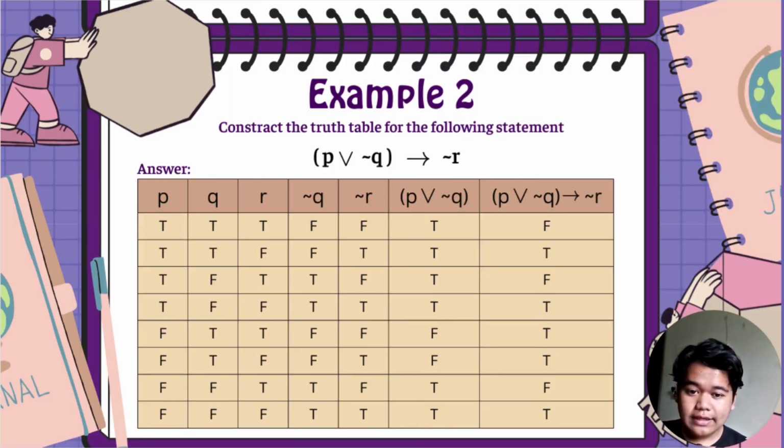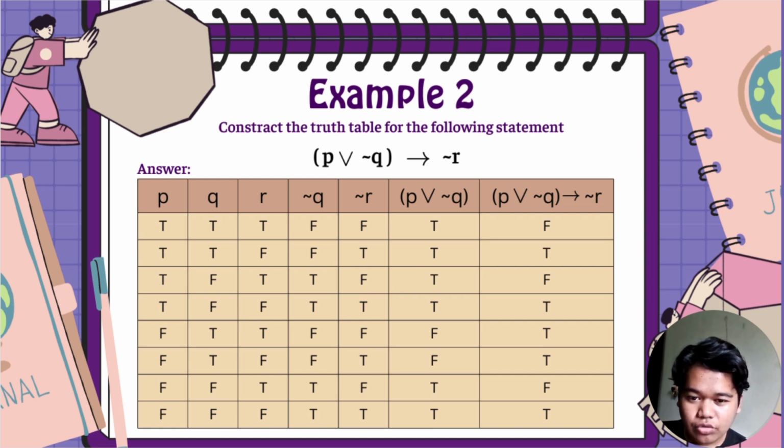Next, the statement given is P or not Q implies not R. First, we need to construct the truth table for P, Q, and R. For P: true, true, true, true, false, false, false, false. For Q: true, true, false, false, true, true, false, false. For R: true, false, true, false, true, false, true, false.